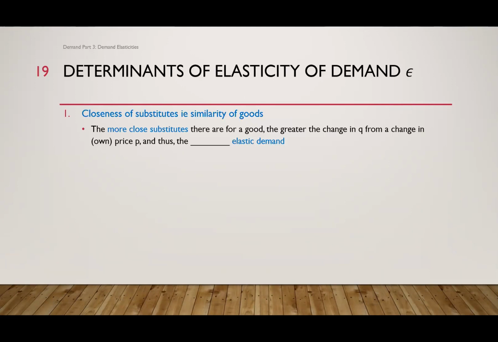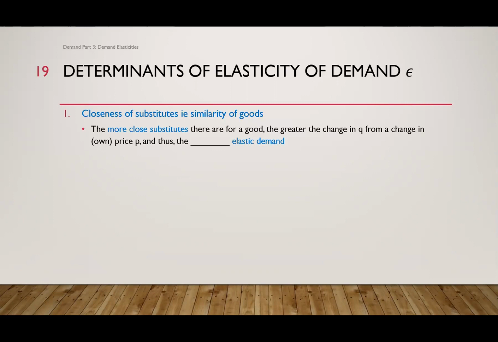So we're talking about the price elasticity of demand. So remember, elasticity is simply the ratio of percentage changes of variables. So the percentage change in one variable divided by the percentage change in another variable. For the price elasticity of demand, in fact all the demand elasticities, in the numerator we're going to have the percentage change in quantity demanded.